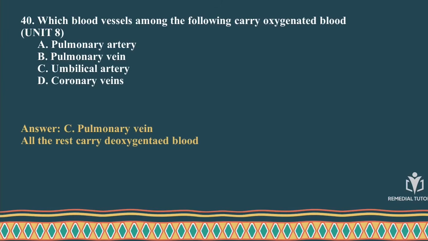Why? የቀሩት እንዳለ deoxygenated blood ነው የሚይዙት። ኤክሰፕሽኖች አሉ። Pulmonary vein ኖርማሊ ኦክሲጅኔትድ ብለድ የሚይዙት አርተሪዎች ናቸው። ዲኦክሲጅኔትድ ብለድ የሚይዙት ደግሞ ቬኖች ናቸው። ግን there are few exceptions። ማናቸው እነዚህ?